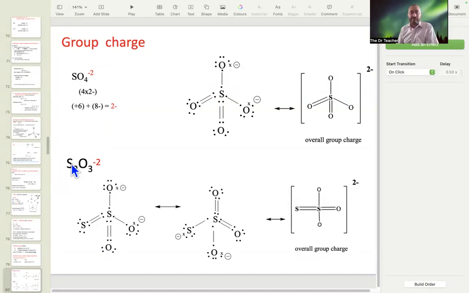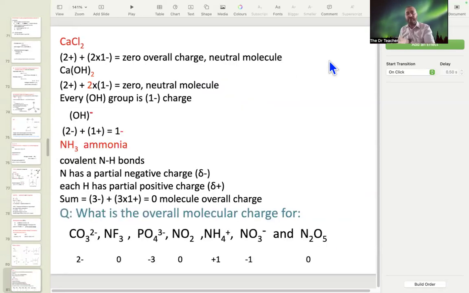Between these two, the difference is -2. This -2 goes to the whole group. Inside the structure here, S2O3 has 2 double bonds and 2 single bonds, and SO4 has 2 single bonds and 2 double bonds, and so on for the others. You can calculate here, always 0 overall charge.